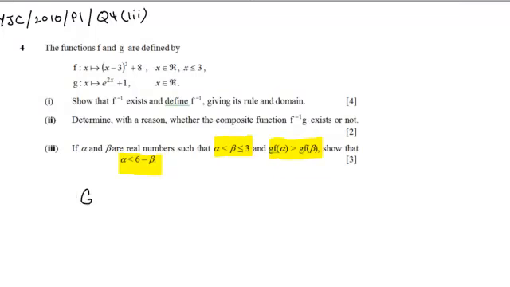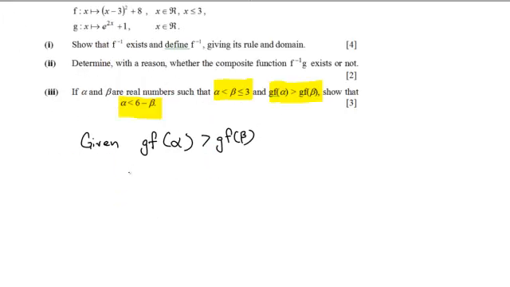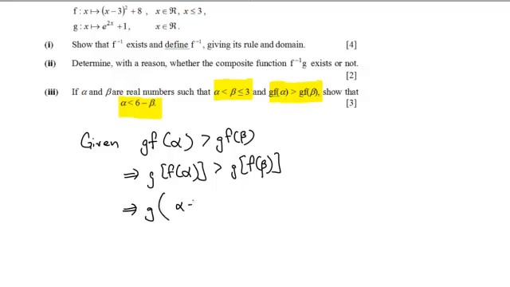So we have been given GF of alpha is more than GF of beta. Take note that GF is a composite function, so by definition, this is G of F alpha is more than G of F beta, and then we get G of alpha minus 3 squared plus 8 is more than G of beta minus 3 squared plus 8.